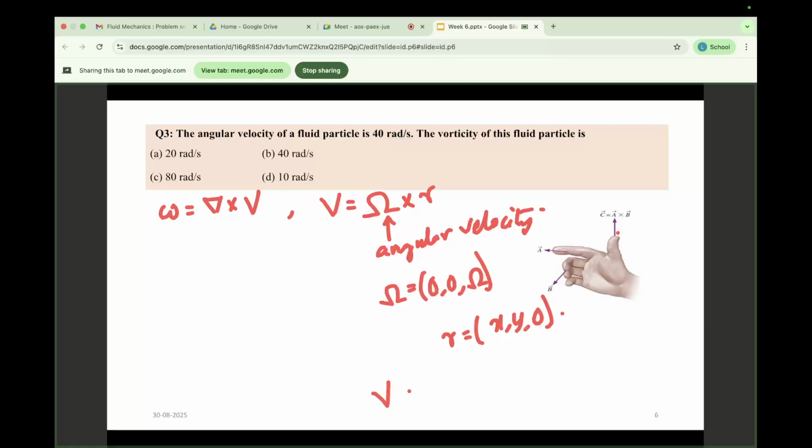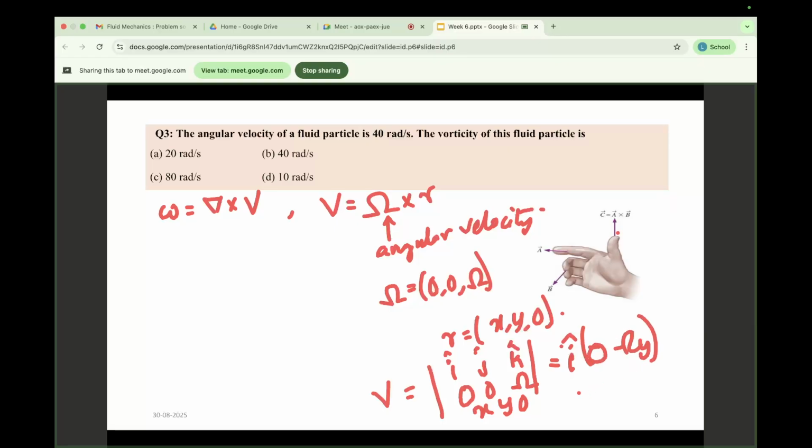How can I find this cross product? It should be i cap, j cap, k cap, then omega, and this one is x, y, 0. So for the first i component, it should be 0 minus omega y.